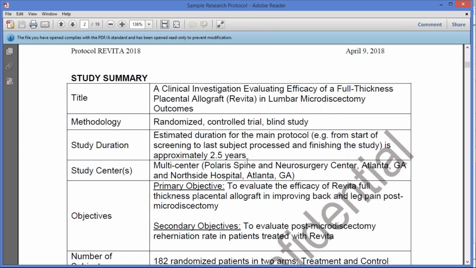In the summary, we have the title, methodology: randomized, controlled, blind study.